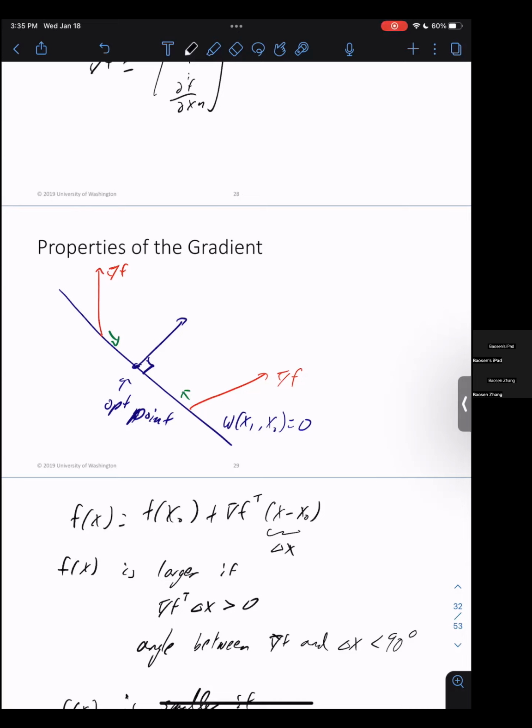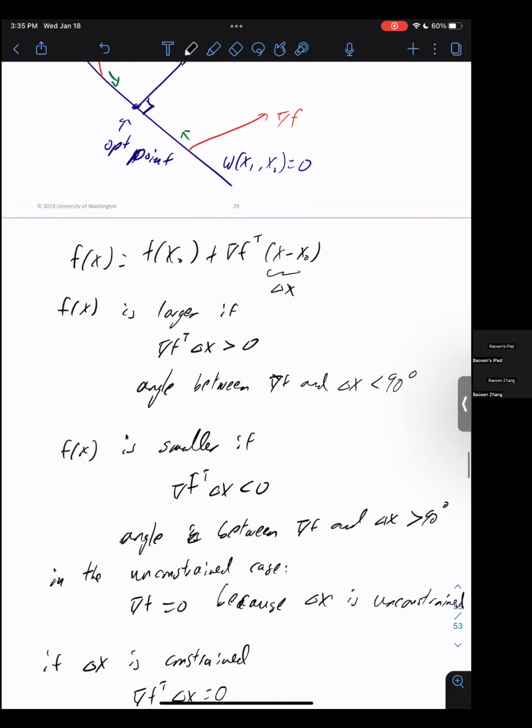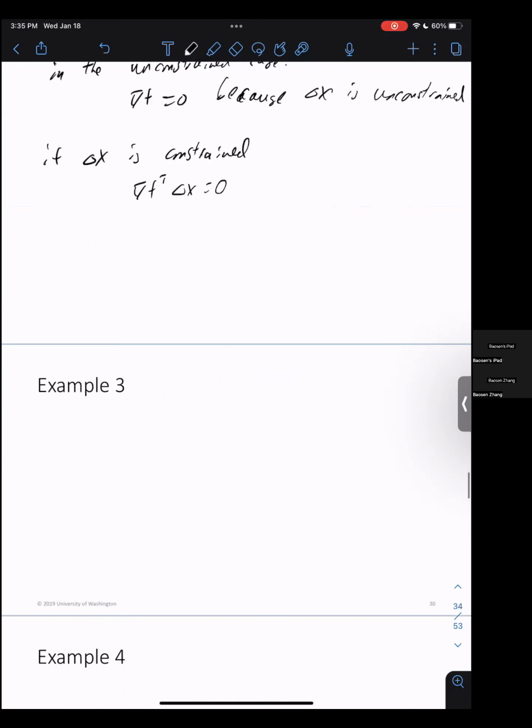That we know how to do: you take two vectors, multiply them, and it has to be 0. The key thing to remember is when you're constrained to move, you want to make the dot product 0. The dot product is 0 if and only if you're perpendicular to the gradient. Your constraint is perpendicular to the gradient.